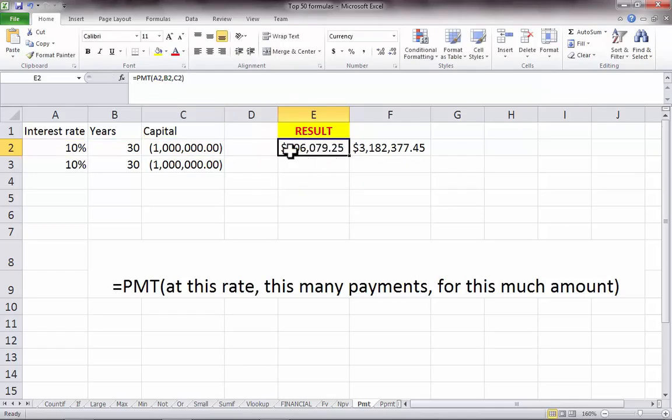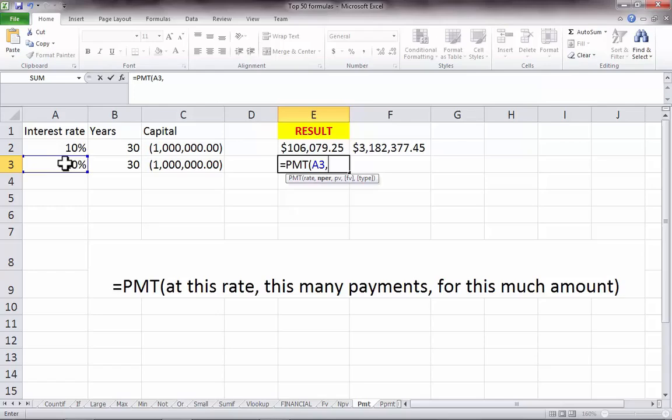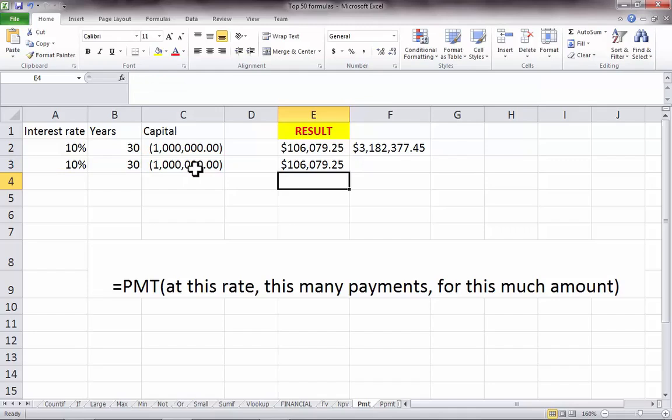So it's telling you that each year you need to pay about 106,000.